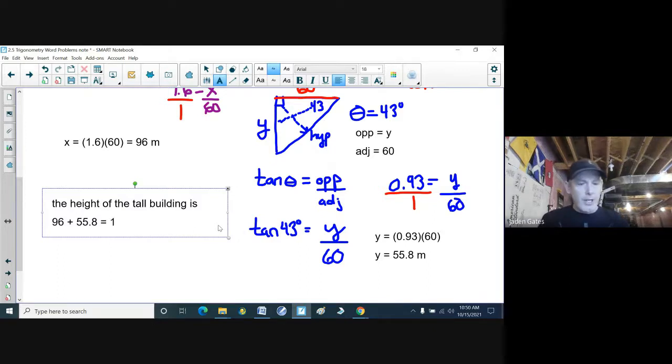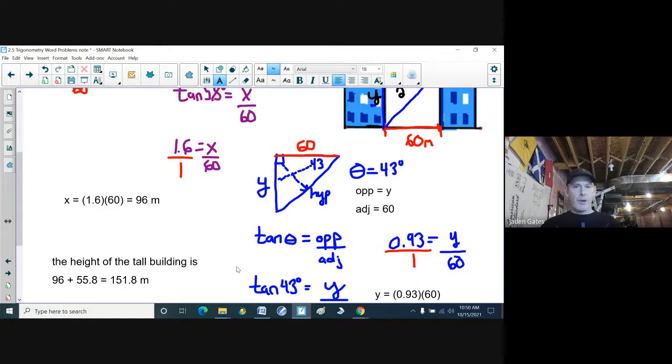This building is 151.8 meters. There we go. So that time we had to break up a triangle that wasn't a right angle triangle, but there were two right angle triangles there, and we just solved the two triangles and put them together.